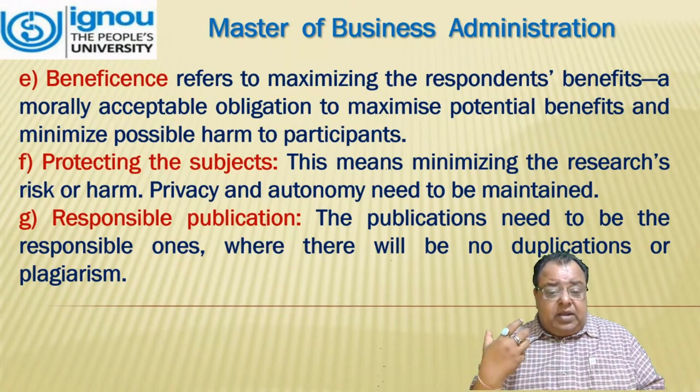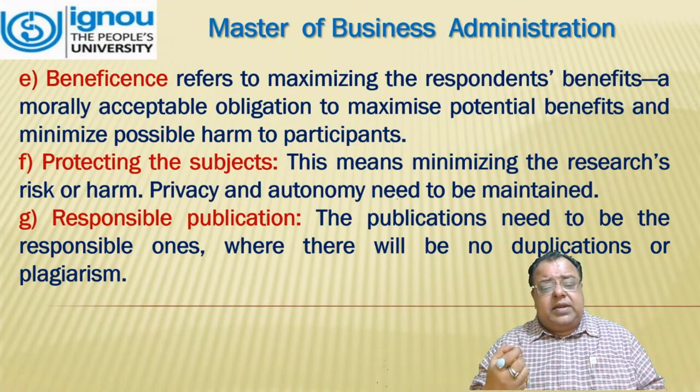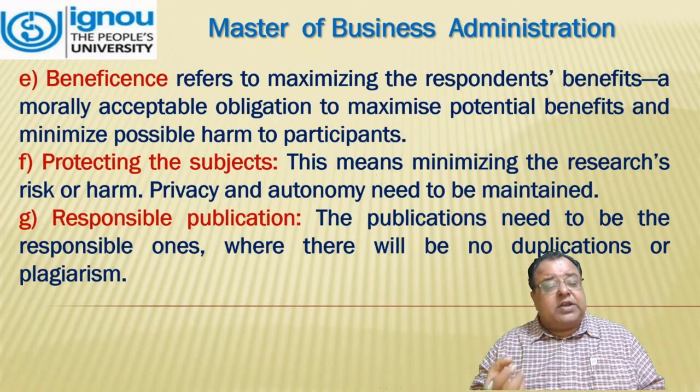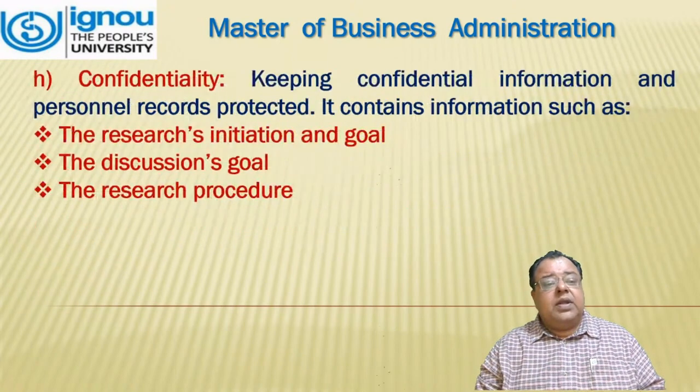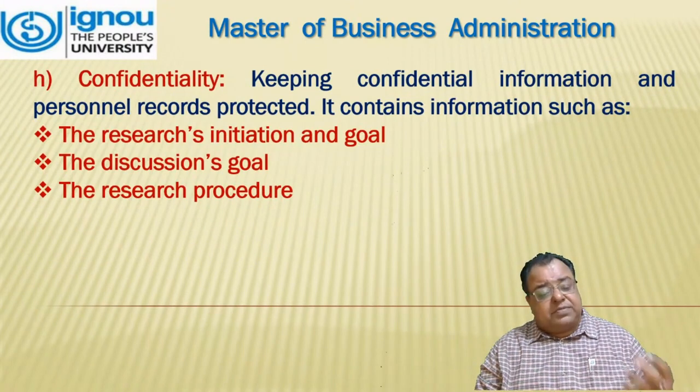Privacy and autonomy need to be maintained. Responsible publication. The publication needs to be a responsible one, where there is no duplication or plagiarism. Confidentiality. Keeping confidential information and personal records protected.